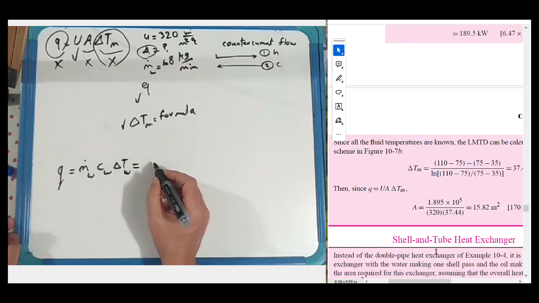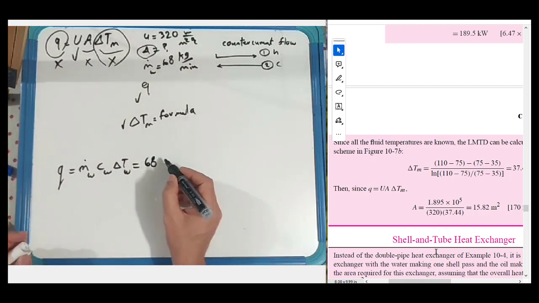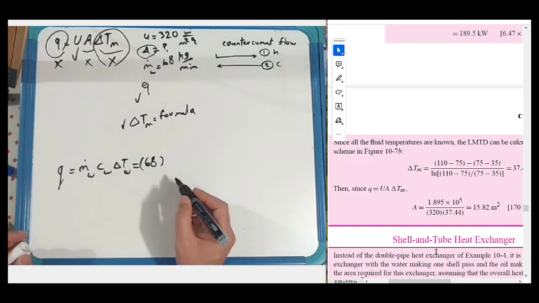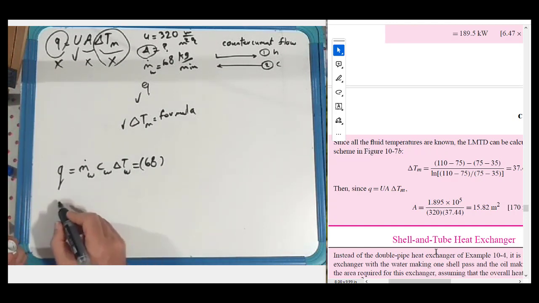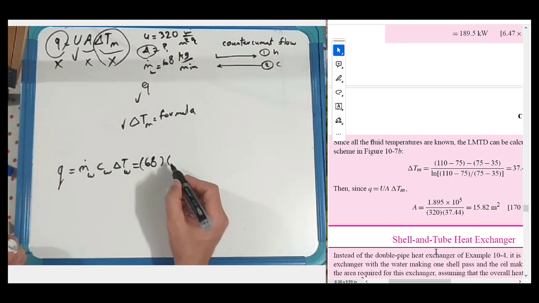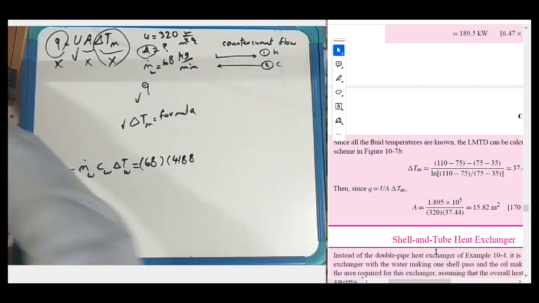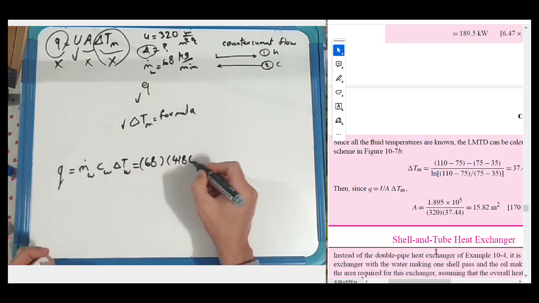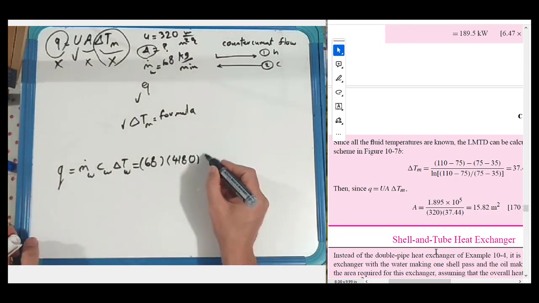What is m dot? As we can see in the problem, 68 kilogram per minute. What is the heat capacity of water? We know it is 4180. Okay, and delta T.